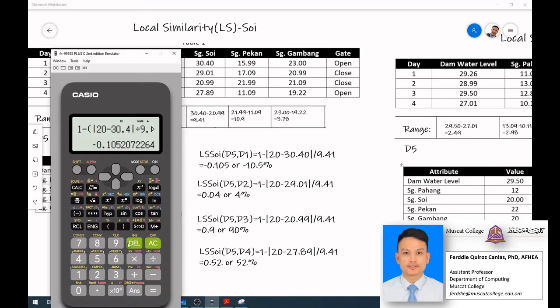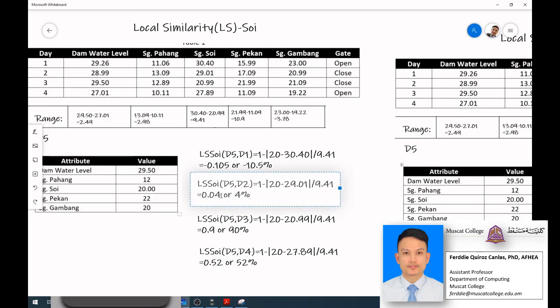Let's check. 1 minus close parenthesis shift absolute value of 20 minus 29.01 out divided by 9.41 close parenthesis equals 0.041. So this should be 0.042, right? 0.42. So this is actually 4.2%, right?